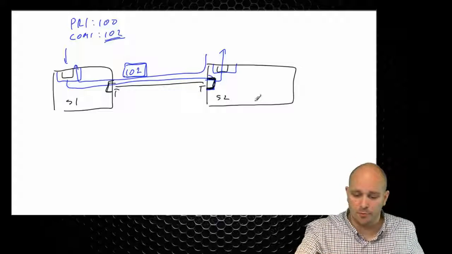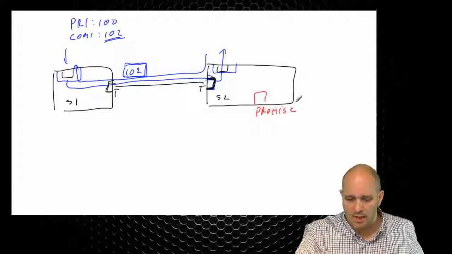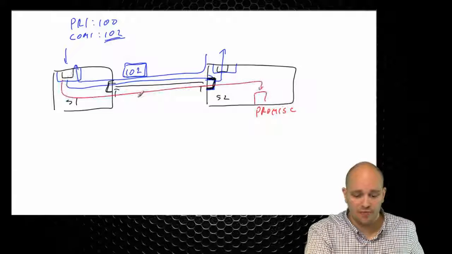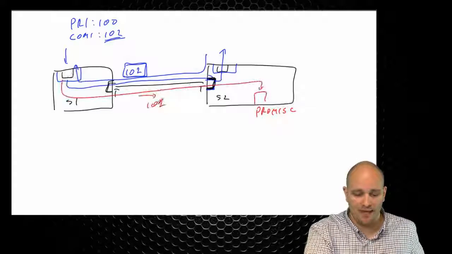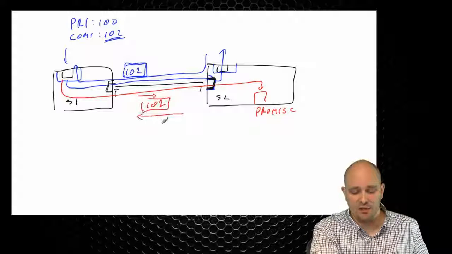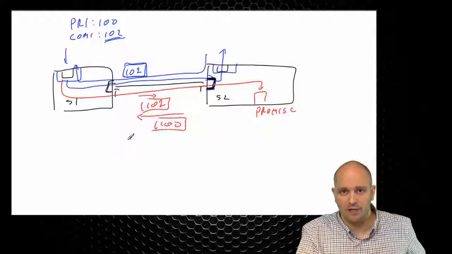Now, if we have the promiscuous port, again, this is the promiscuous port, and we want to have communication between these two ports, again, traffic in this direction will be tagged with the secondary VLAN ID, but the traffic in this direction will again be tagged with the primary VLAN ID.